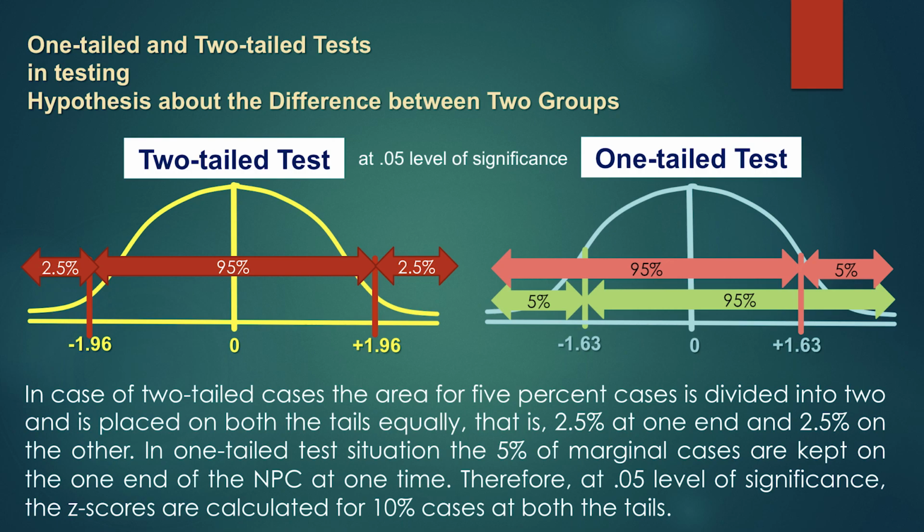Contrary to this, in a one-tailed test situation, only one tail of the NPC is taken into consideration. Therefore, the 5% of marginal cases are kept on one end of the normal probability curve at one time. Therefore, for the 5% level of significance, in this case, the Z scores are calculated for 5% cases at both the tails, thus for 10% in total.